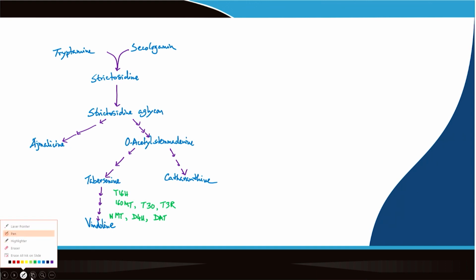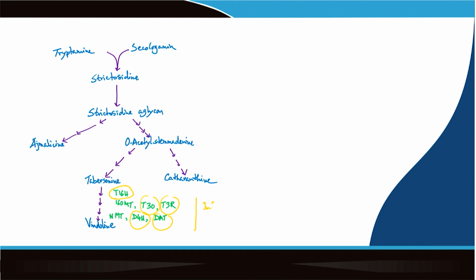What we are going to see is that T16H, T3O, T3R, D4H, DAT, these are influenced by light.